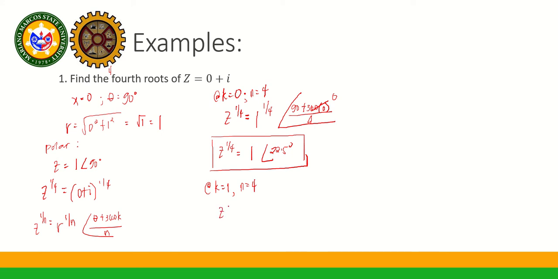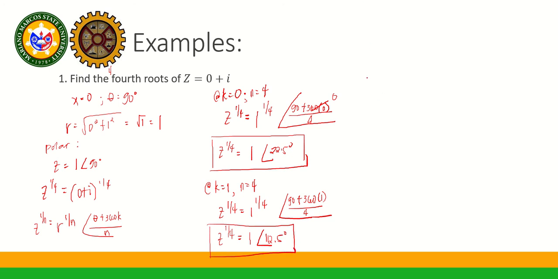So this will be equal to z raised to 1 fourth is equal to 1 raised to 1 fourth times the angle 90 plus 360 times 1 all over n, which is 4. So our z raised to 1 fourth, our second root, will be equal to 1 angle 112.5 degrees. So this is our second root.